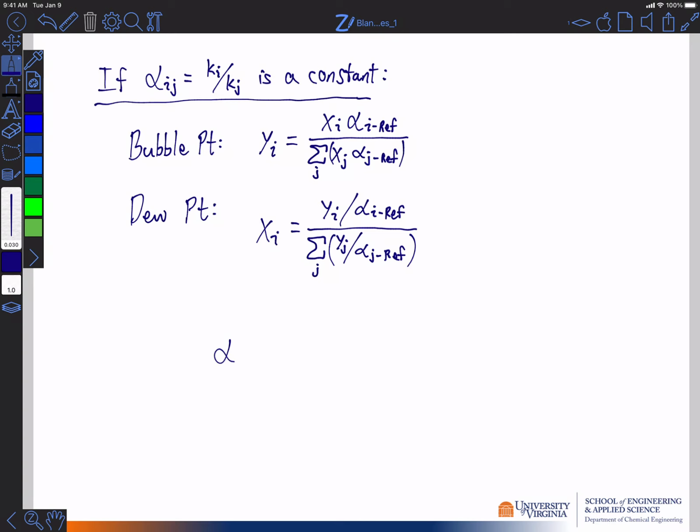Again, just as a reminder here, for this reference component, we're just saying that this is going to be some K value of the component of interest divided by K of a reference component, and that'll just be one of the components in our system. We get to pick, and as long as we're consistent, it doesn't matter which component we choose as our reference component, but we'll see how that works out as we work through a few examples of this type.